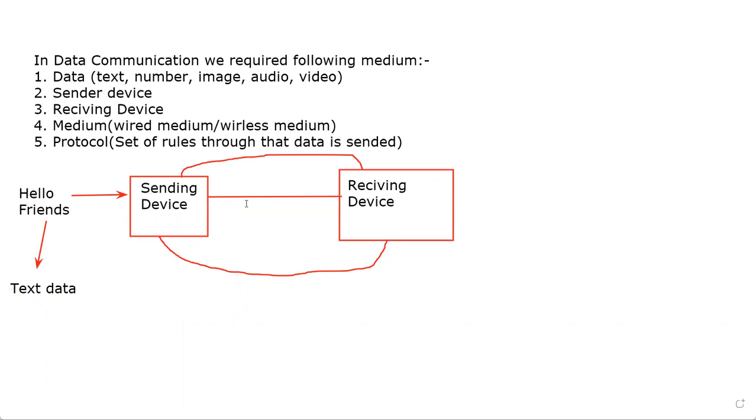We need a sending device, and all the sending and receiving devices are connected with the protocols. These protocols are the rules through which our two devices are connected, only and only with the help of the protocol. In this Zoom class, we can connect with you, or you can connect with me on WhatsApp, just because of these protocols.